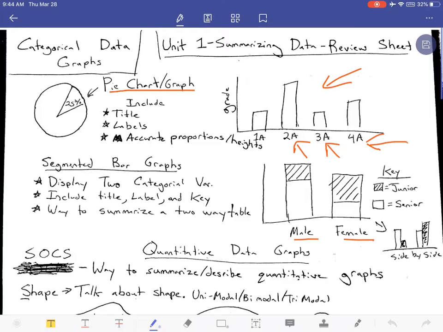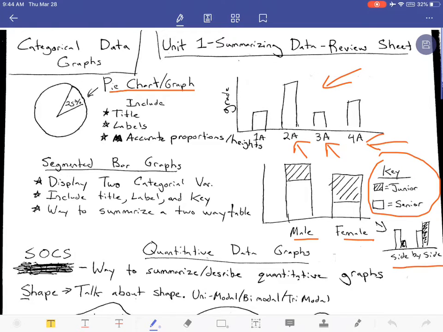Another way, you can see a small graph down here, is a side-by-side graph where you can compare them right next to each other. The important thing about these segmented bar graphs or side-by-side graphs is that you include a key so we know what each different shading of the graph represents.